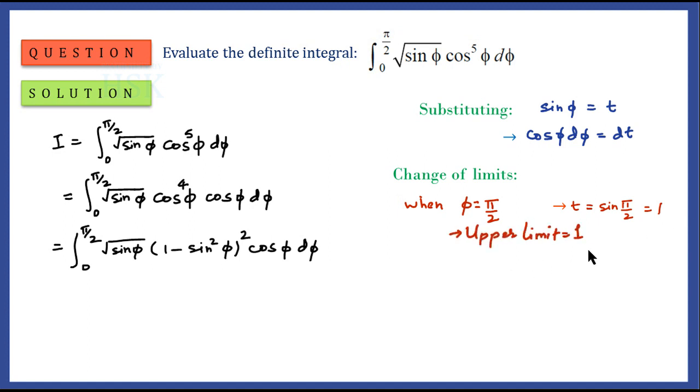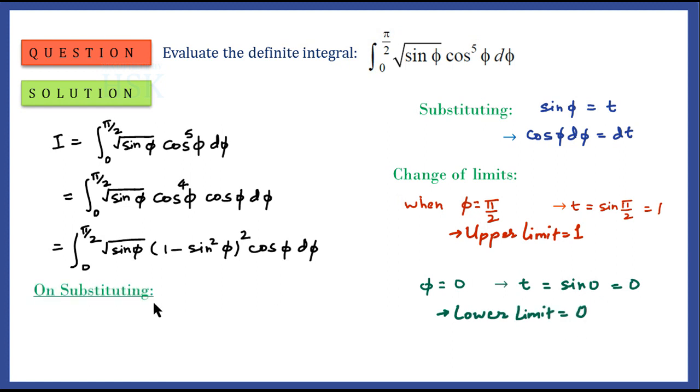Therefore upper limit is equal to 1. When phi is equal to 0, then t is equal to sin of 0 or 0. Therefore lower limit is equal to 0. So on performing the substitution, I get I as equal to integration of square root of t into 1 minus t square whole square dt from the limits 0 to 1.